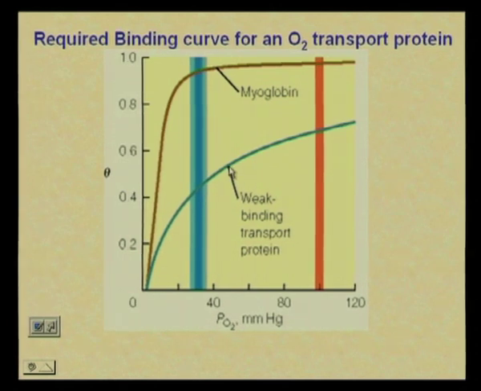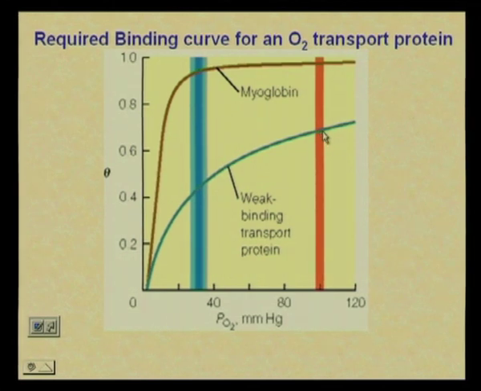It is going to be efficient in releasing the oxygen, right, because at the partial pressure of oxygen in the tissues, it is low, the saturation is low, so it will release the oxygen, but it is not very efficient in the binding, right.